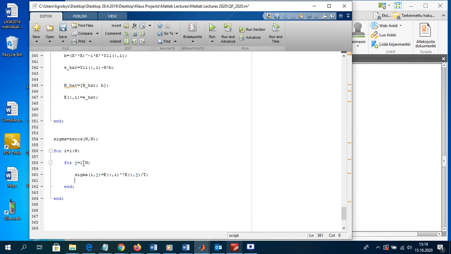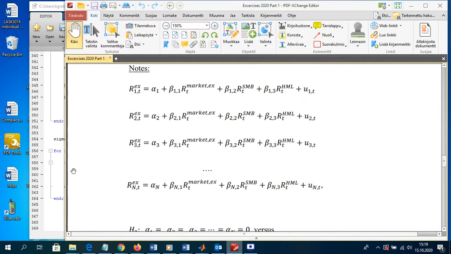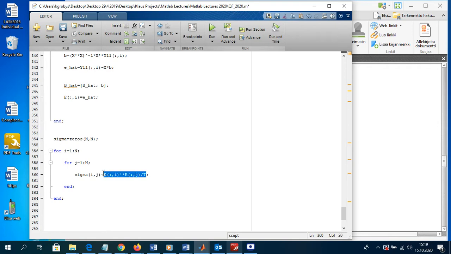When i is 1 and j is 2, it takes the residual from the first column, transposes it, and multiplies it with the residual vector from the second equation, and it's divided by the number of t. And what we get is the covariance between residual 1 and 2, and so on. You can go through this code, and it does the same for all the other items as well. And what we get in the end is the covariance matrix of our residuals.